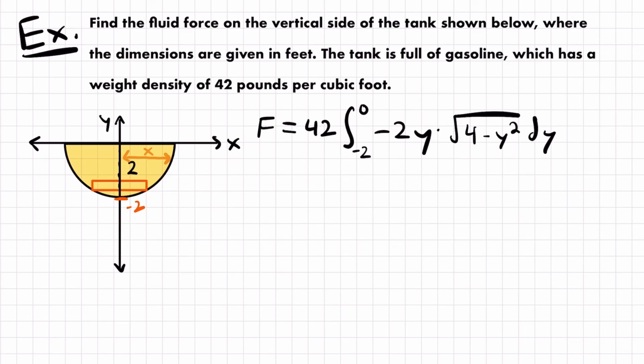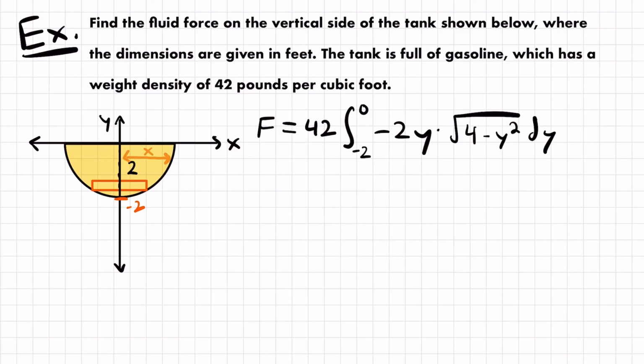We're actually going to need to use u substitution here because we have a composite function, right? We have the square root of 4 minus y squared. All right, so we're probably going to want to set the inside function equal to u, but in order for u substitution to work, we need to make sure that the derivative of that inside function, or what we're going to set equal to u, can also be found within our integral. And so remember that when you take the derivative of y squared, that exponent is going to decrease by 1. So you're going to have y to the first power in your derivative.